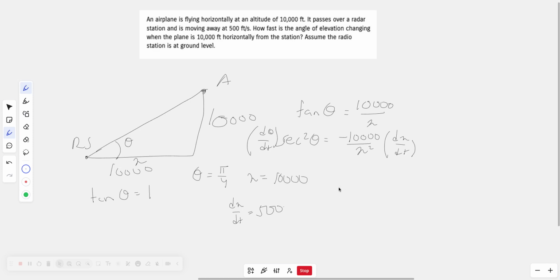So then we can plug everything in and we get d theta over dt times secant squared pi over 4 is equal to negative 10,000 over 10,000 squared times 500.